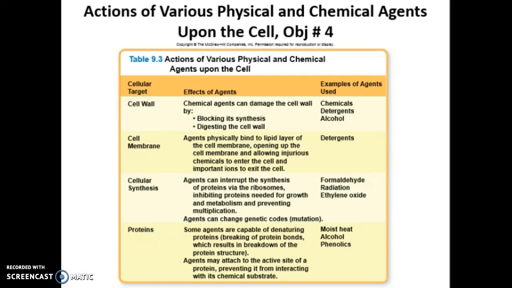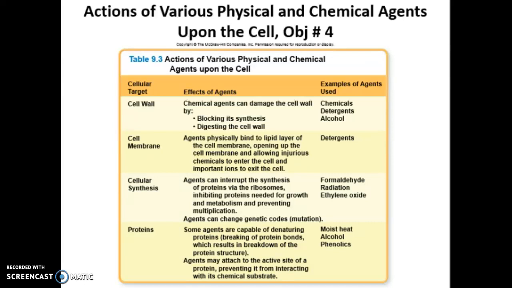All right, so this is where we left off for Part 1, Section 1, Part 2. And it's looking at the different targets for the physical and chemical agents: the cell wall, the cell membrane, cellular synthesis, and proteins. Realize that if you disrupt any one of those targets, it will eventually affect the entire cell.